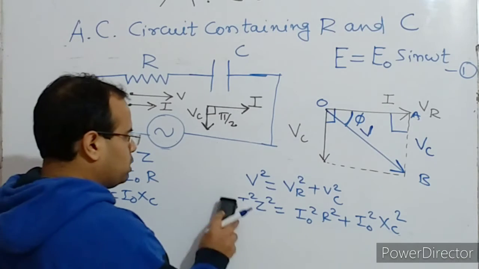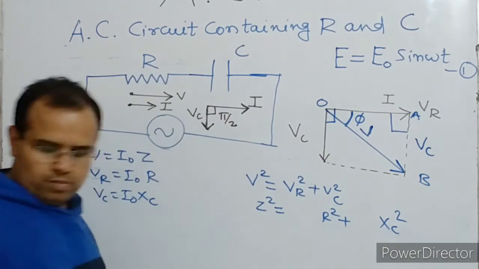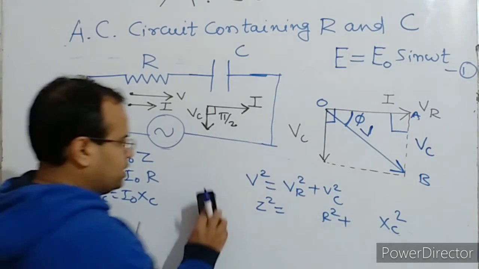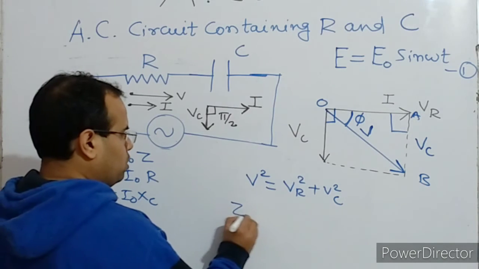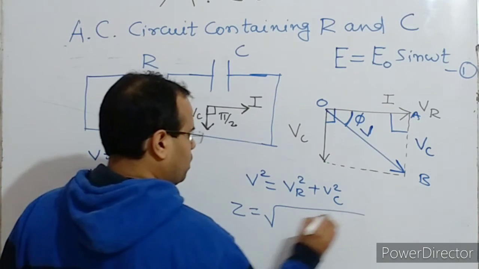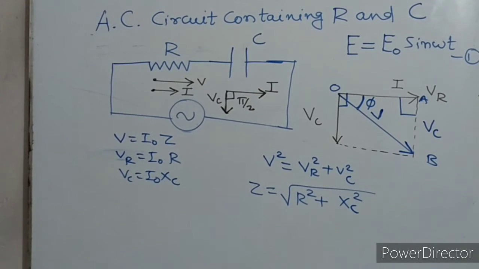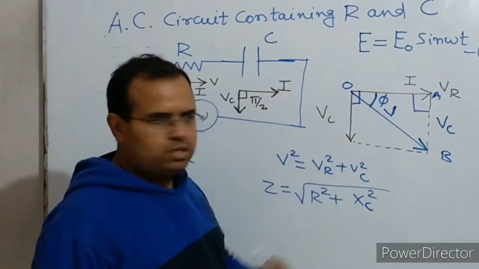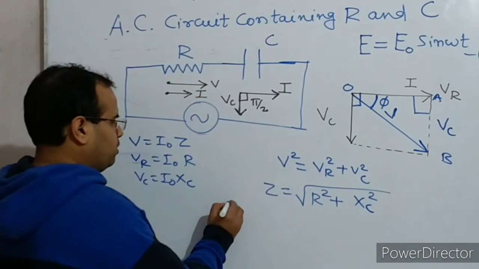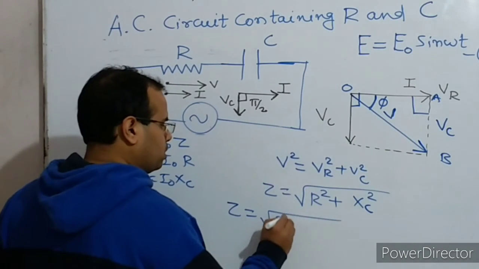So when we do this, if we have to find Z, we can write Z equals the square root of R squared plus XC squared.